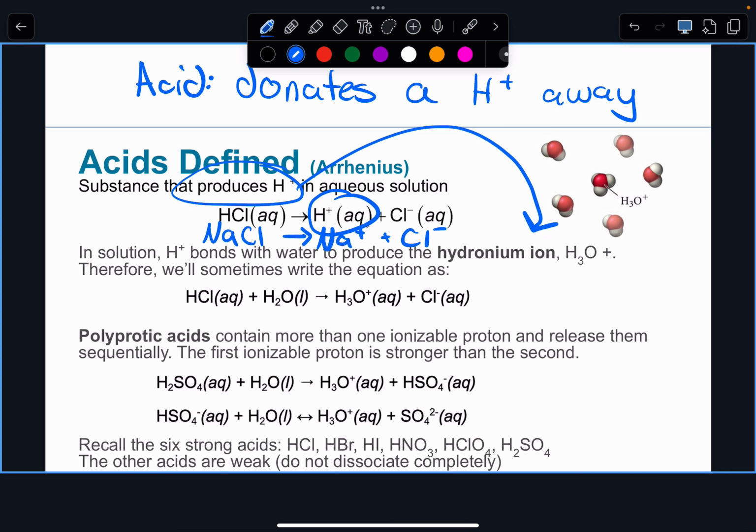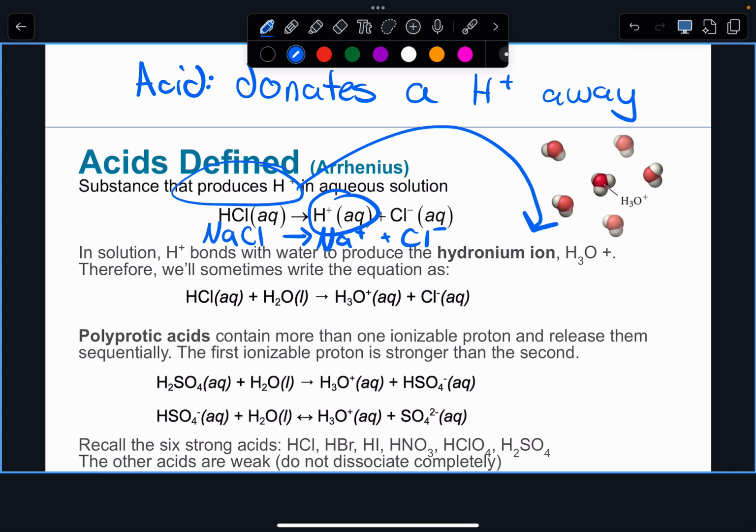Acids are sour tasting. We don't generally encourage you to taste your chemicals, but acids and bases are a common thing we find in nature. Lemons, tomatoes, vinegar, those are all examples of acids that taste sour. Bases, on the other hand, taste bitter.